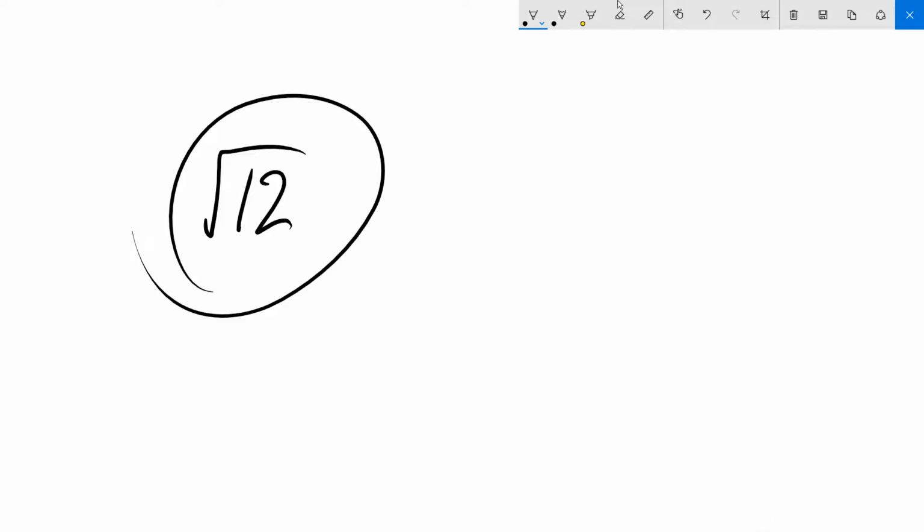The way that we do this is we can take factors of 12. Forget that the root's there. Just look at factors of 12. And what we're really looking for are perfect square numbers, ideally. So squares are 1, 4, 9, etc.